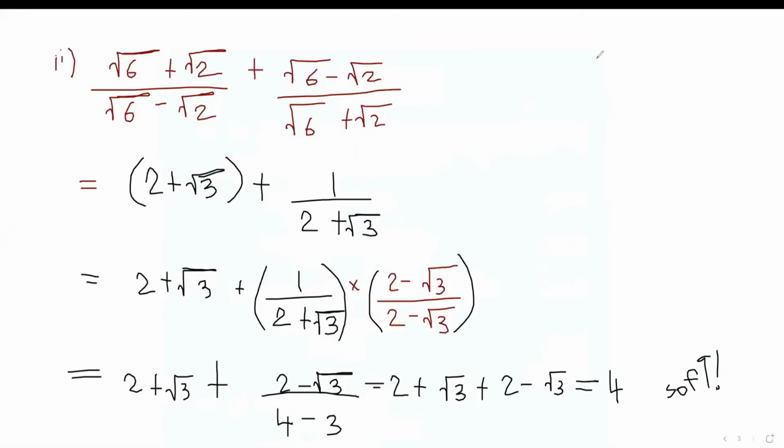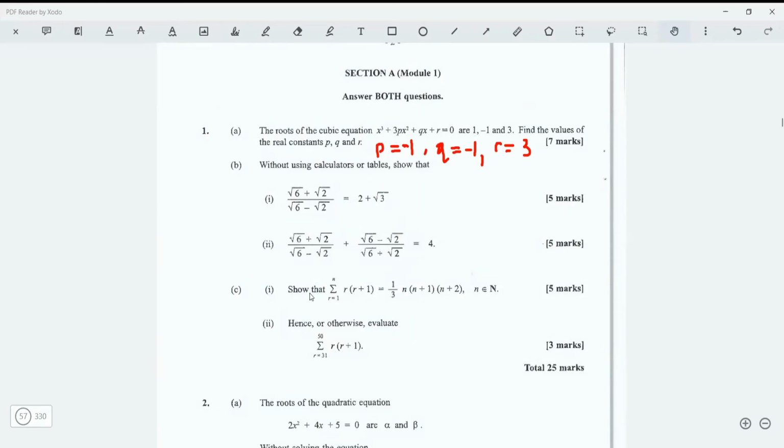So done that. Nice. The next part of this paper says, show that the sum from 1 to n of r times r plus 1 is equal to 1 over 3n times n plus 1 times n plus 2.